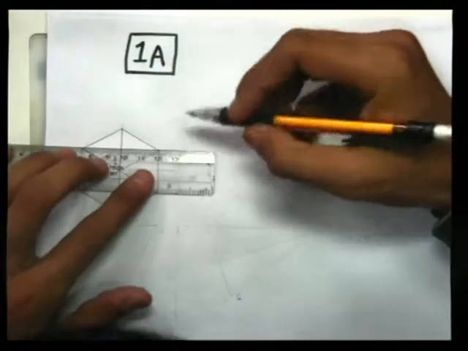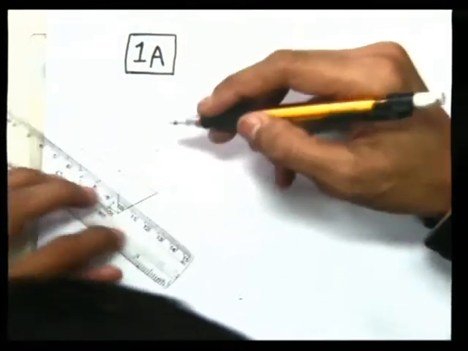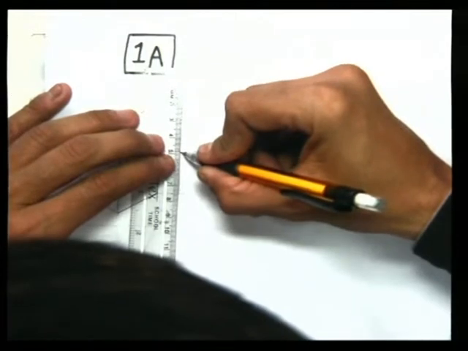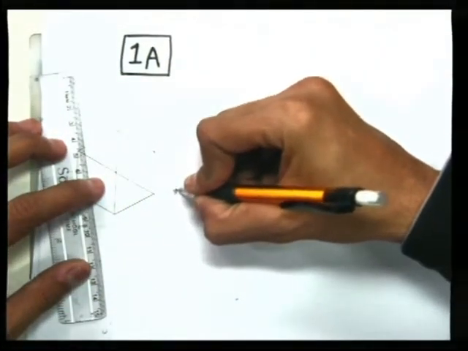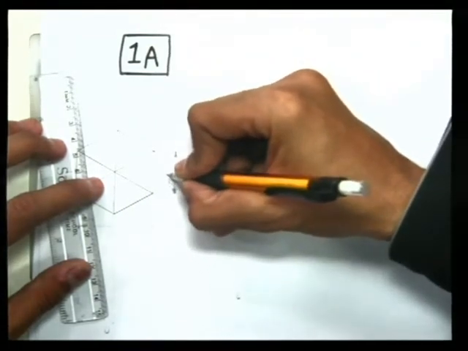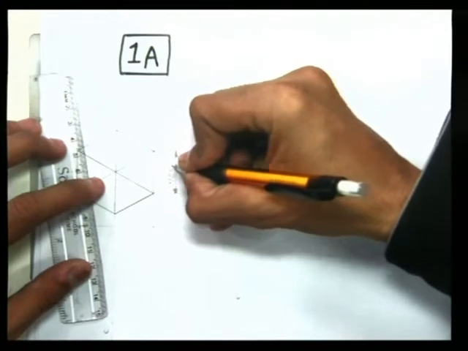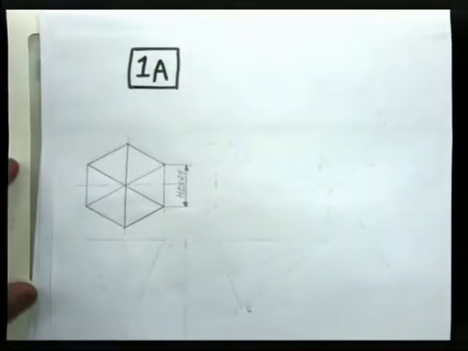And as it's a hexagon, we can insert the dimension like this. Side length is 25 millimeter, so we can write like this. It's a hexagon, side length 25 millimeter. Hex 25 means it's a hexagon having side length 25 millimeter.